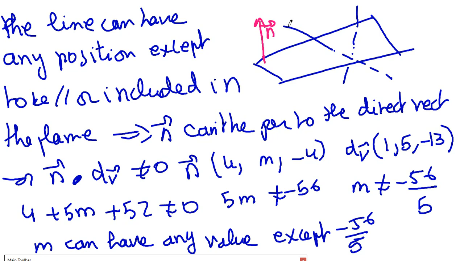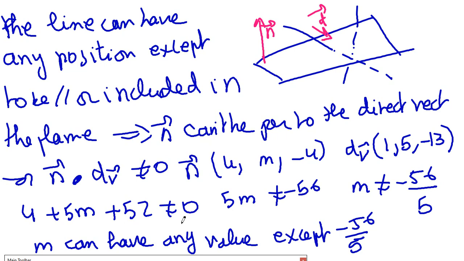What does it mean? This line, the one that I need to find m for, cannot be parallel or included in the plane. It means n, the normal of the plane, can't be perpendicular to the direction vector of the line, because each line has a direction vector. So the direction vector of this line and the normal cannot be perpendicular. So the dot product cannot be equal to 0.